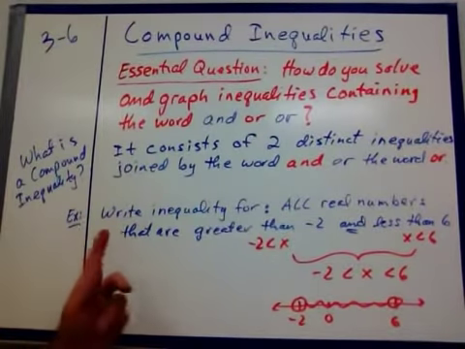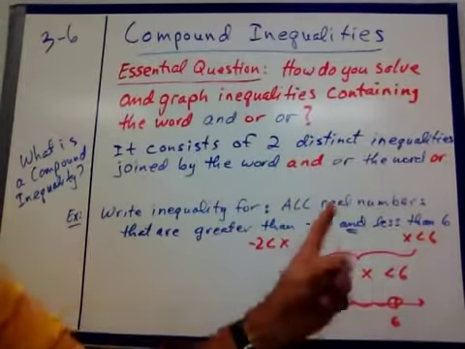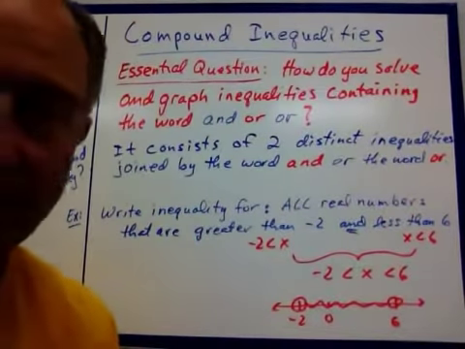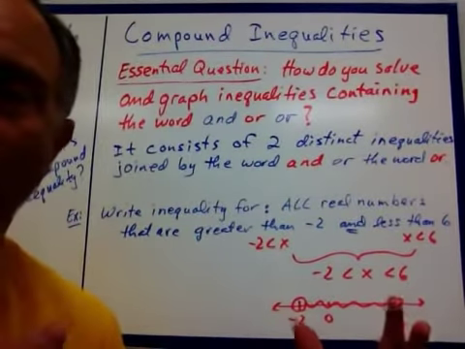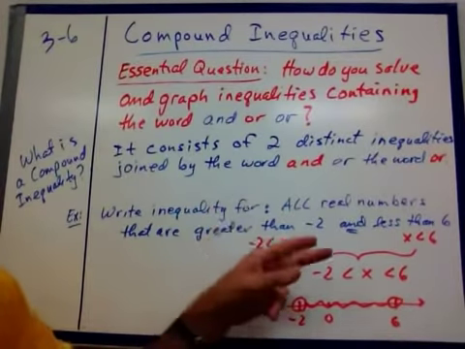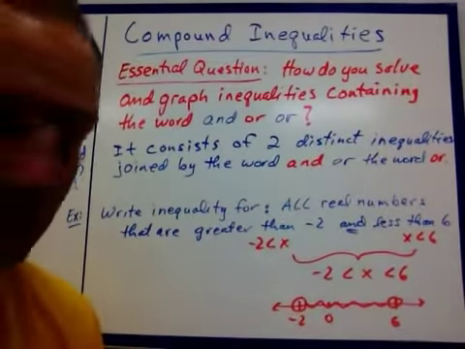For example, write the inequality for all real numbers that are greater than -2 and less than 6. We want those numbers where x is greater than -2, but yet that real number is also less than 6.